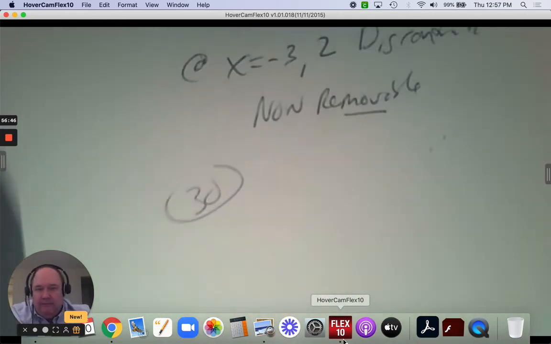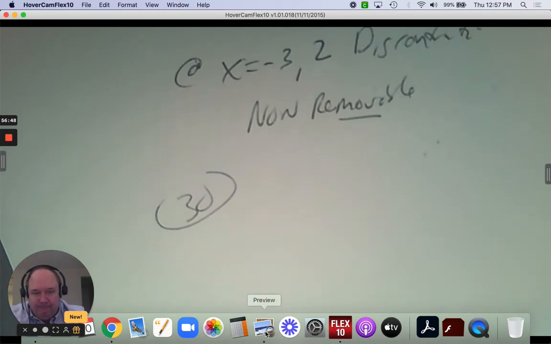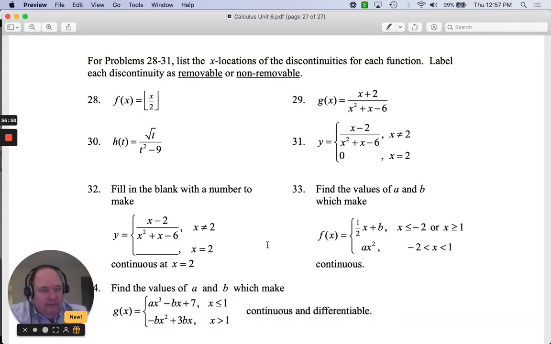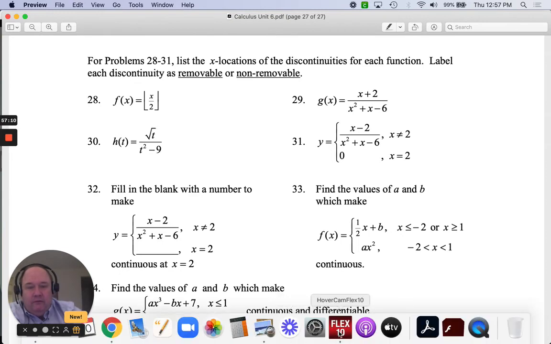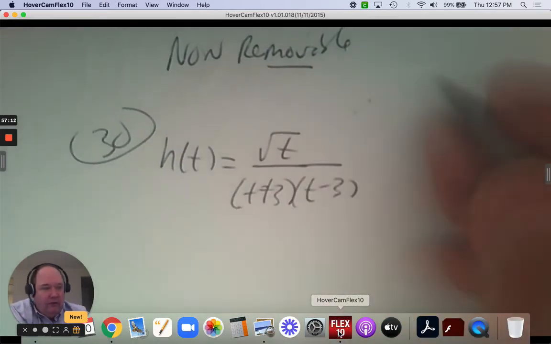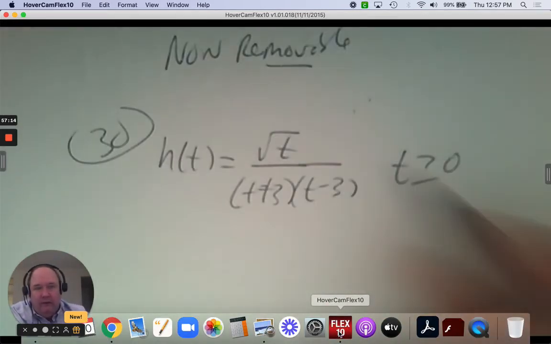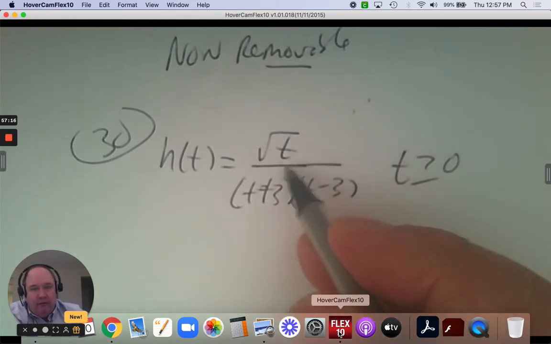Number 30, looking at the denominator. h of t is the square root of t. Now the denominator is t plus 3 and t subtract 3. So where are the discontinuities here? Understand the domain restriction, right? First of all, the domain restriction here is that t has to be greater than or equal to 0 to begin with.